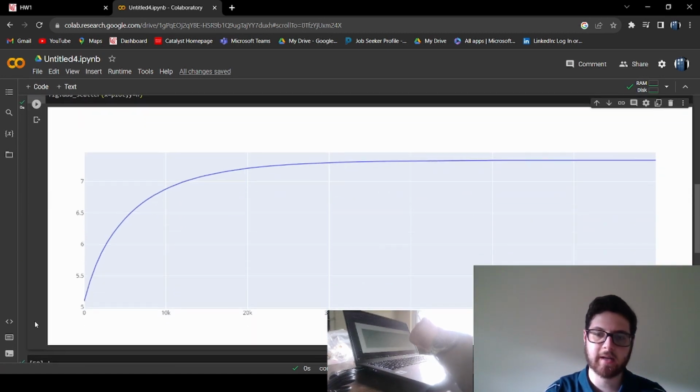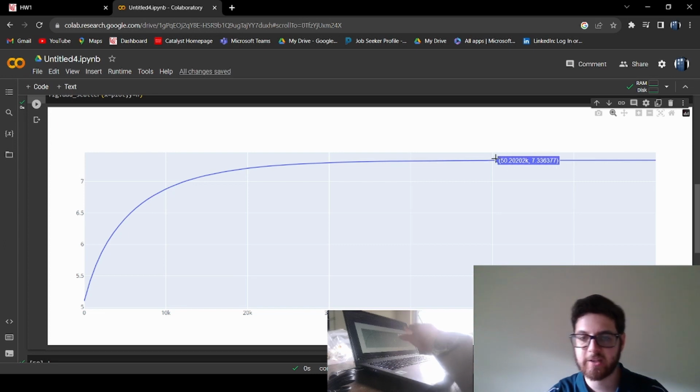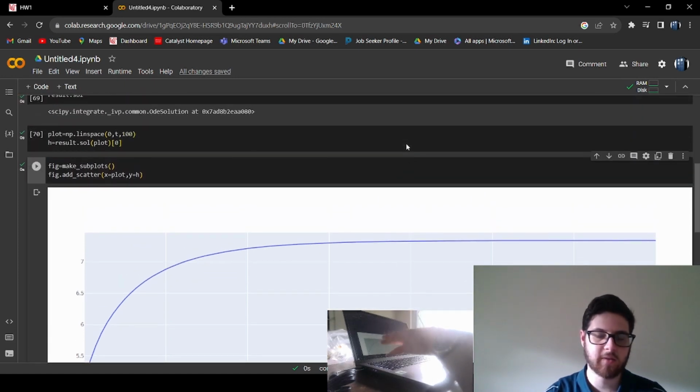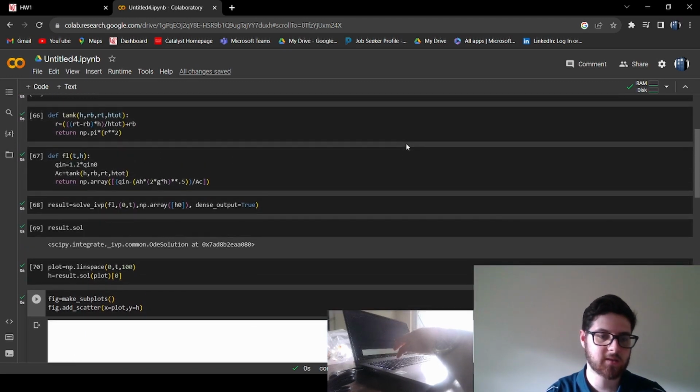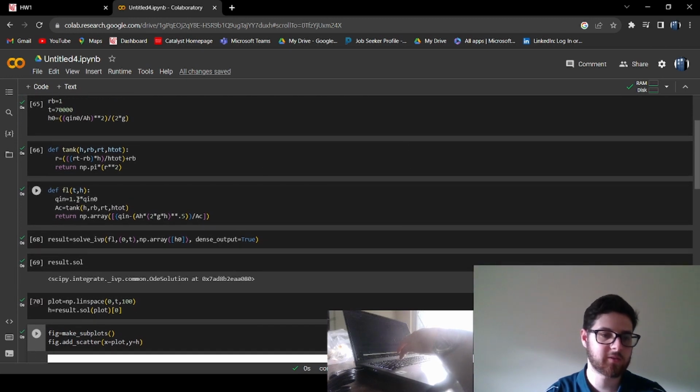And now we're at steady state. Oh, looks like right around 50K is when you reach steady state-ish. You could really even argue that it's 40K, but it's still going on. Oh, it's ever changing. But it doesn't go above that 8. So we have, that's a 1.2% increase of our flow rate.